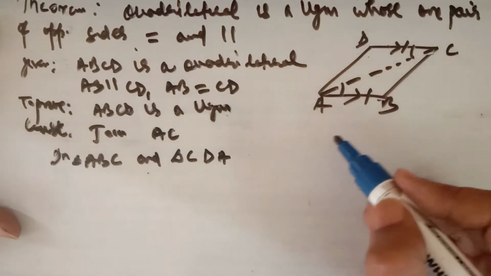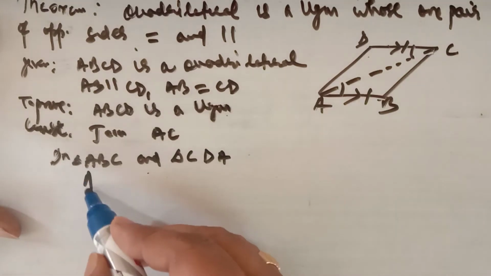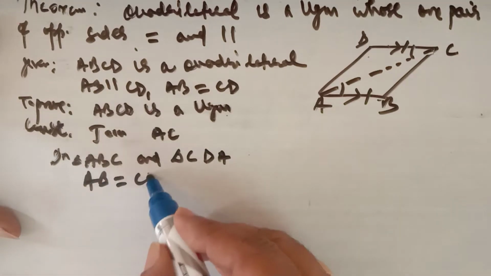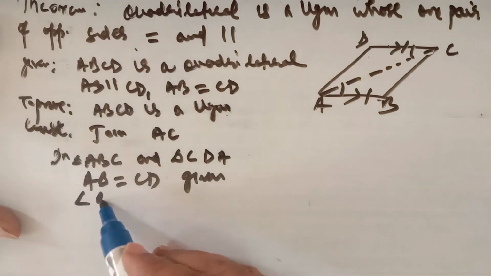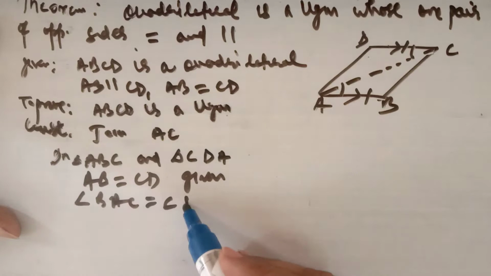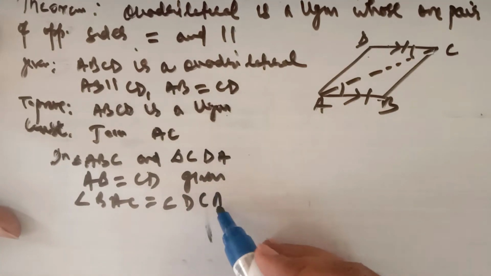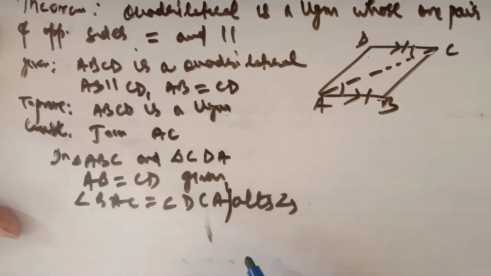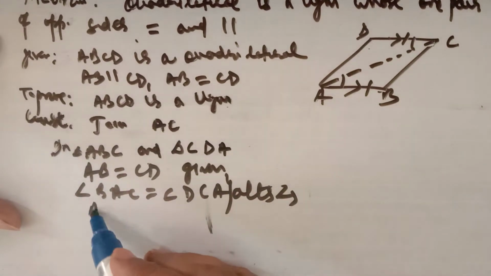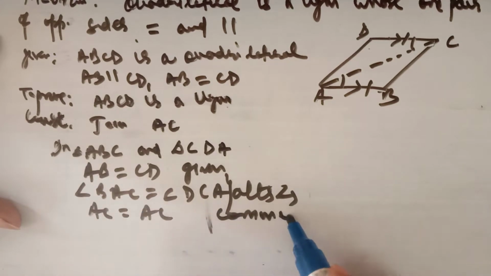AB is equal to CD, it is given. And AC is common.